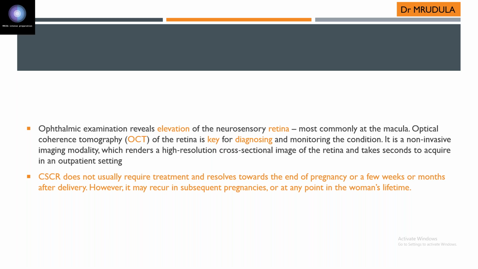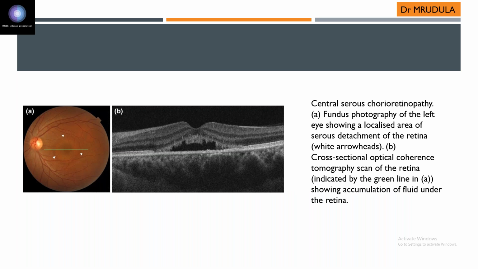It is a non-invasive imaging that renders a high resolution cross-sectional image of the retina, and it takes only seconds. So this is the OCT scan. Here you can see the retinal detachment, the detachment of the central retina.